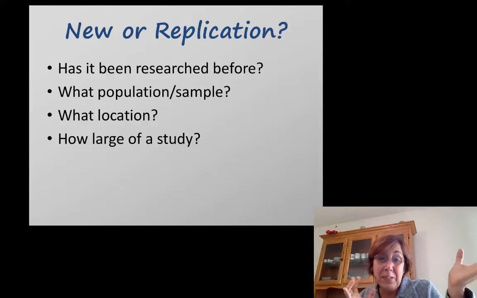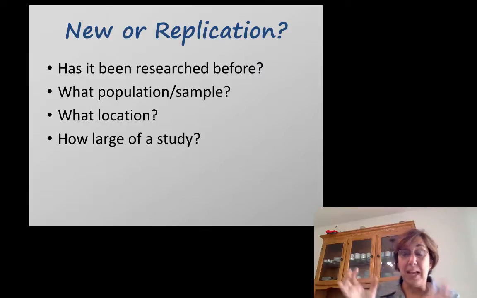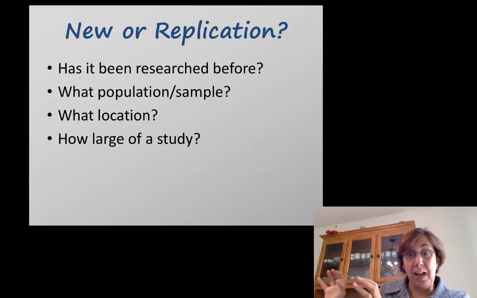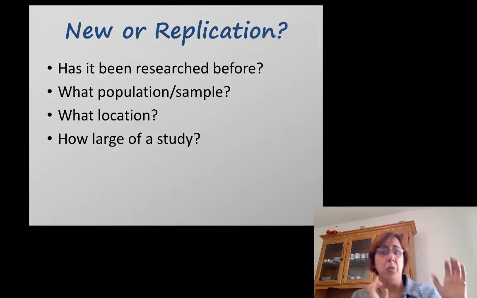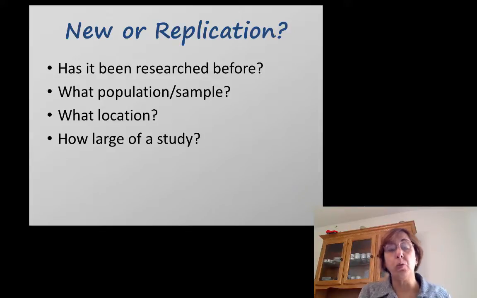So the key sometimes in replication is for you to say, ooh, this is what was found with a group of psychology students in the Himalaya. So now I'm going to try to find out whether what they found actually holds water for graduate students in Des Moines, which is perfectly okay. So the location, the geography matter.